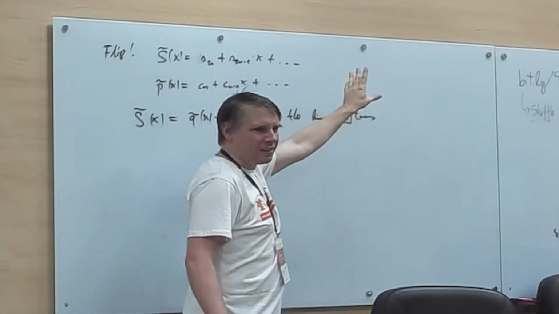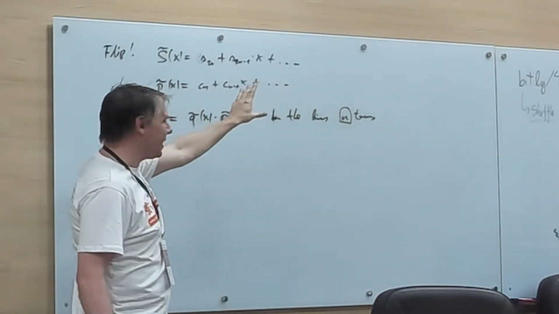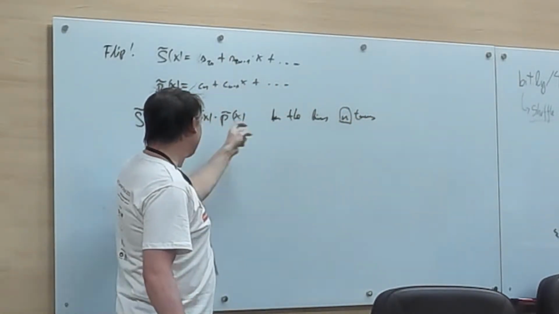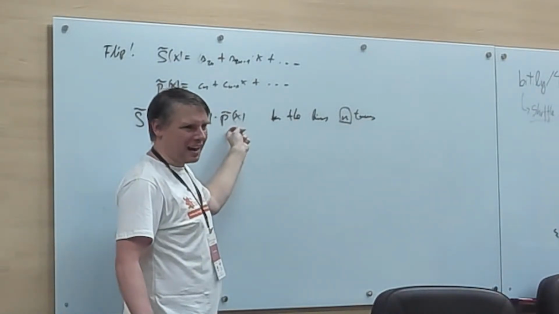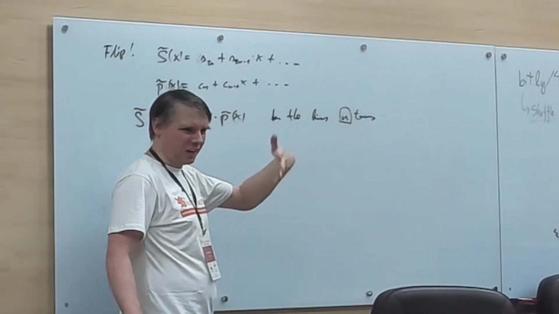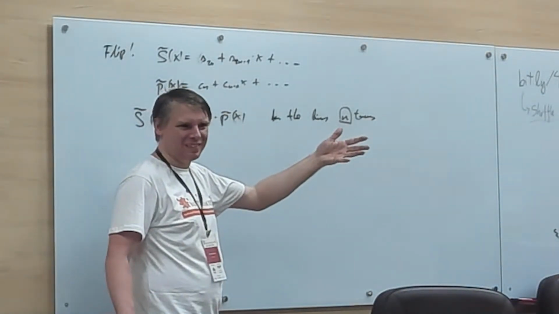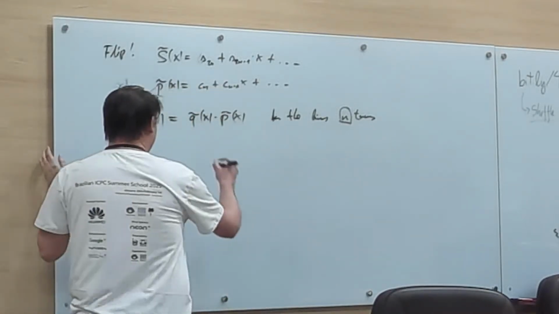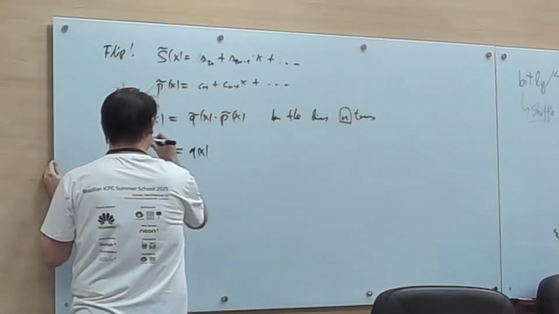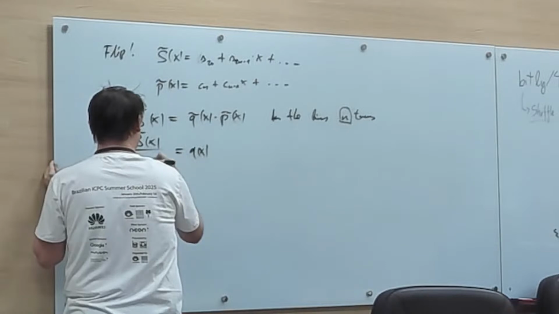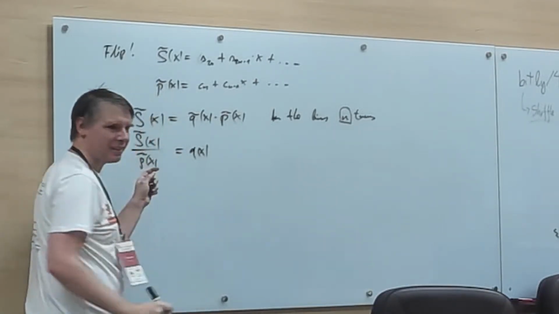Okay, so that means we can interpret these polynomials as power series, like generating functions, and then just say that to get Q(x), it is S(x) over P(x).